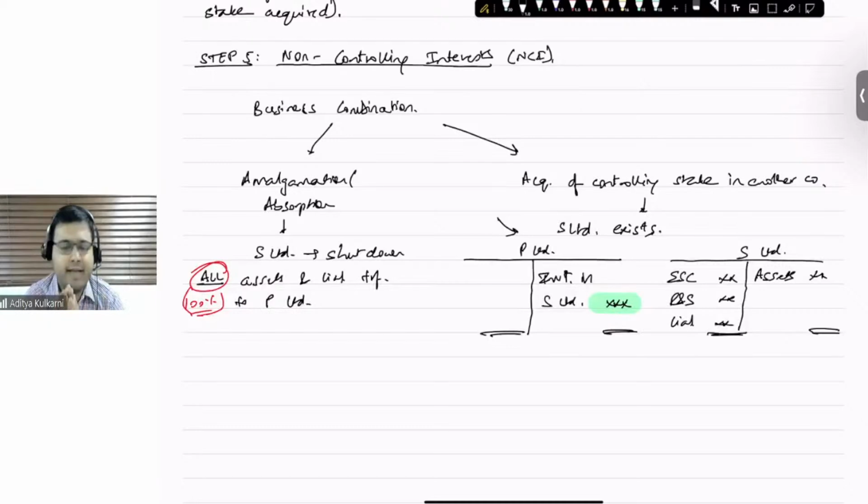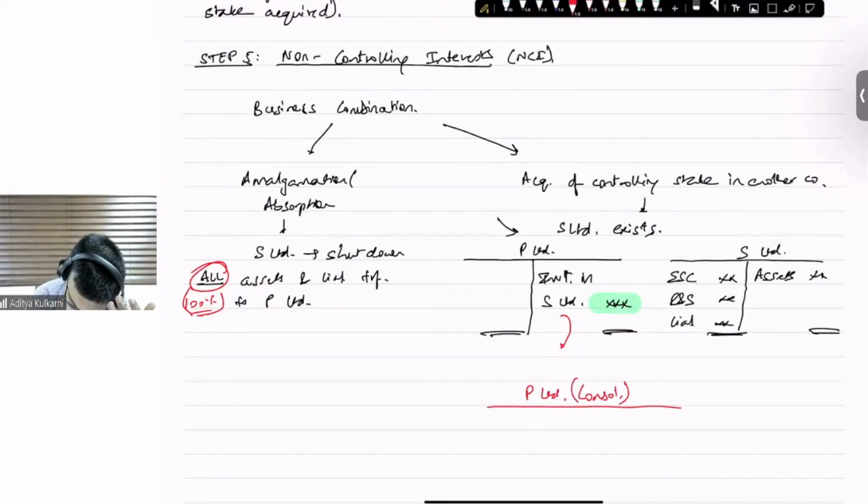Is it going to make sense to you in that perspective, or will it be better if these investments are replaced by P Limited consolidated? Is it going to make sense if these investments vanish? In their place, you will have net assets of P and S both.